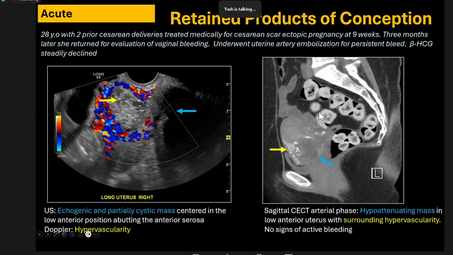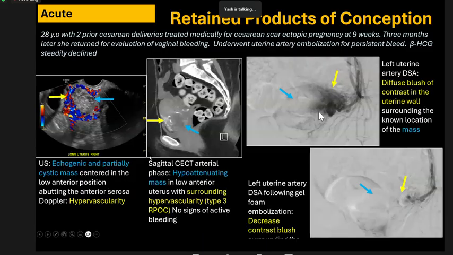CT was done. CT also showed a heterogeneous mass with a lot of vascularity, and a diagnosis of RPOC was made. And because the patient was bleeding and there was so much vascularity, IR consultation was done. Same patient, and there was a lot of blood from the left uterine artery, and that was subsequently embolized.